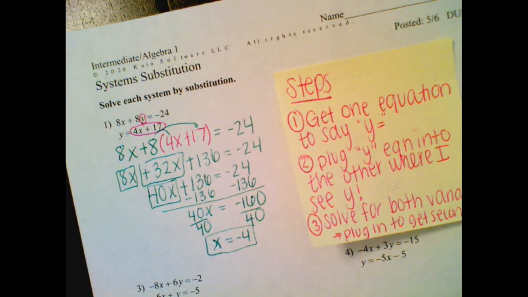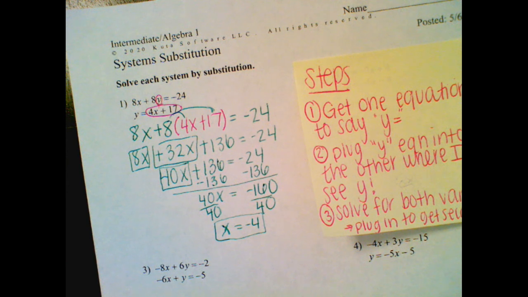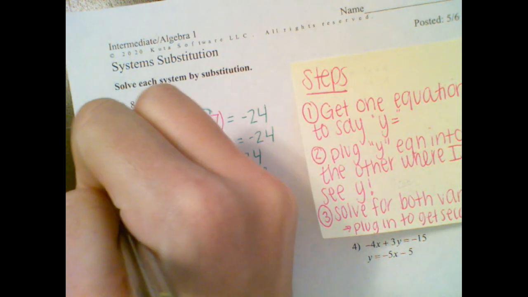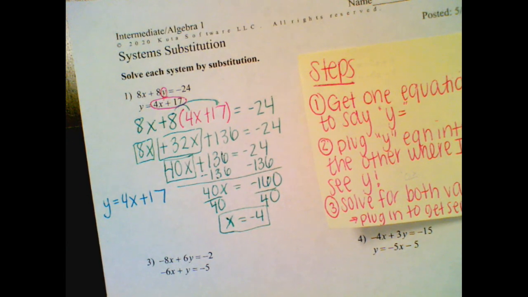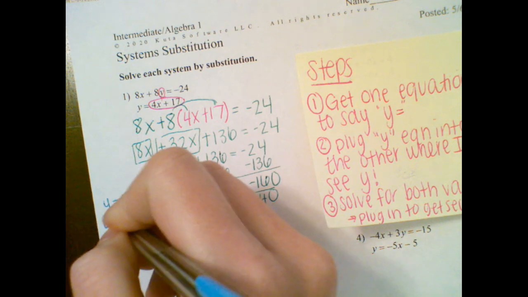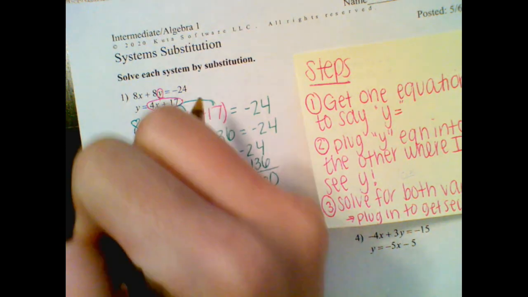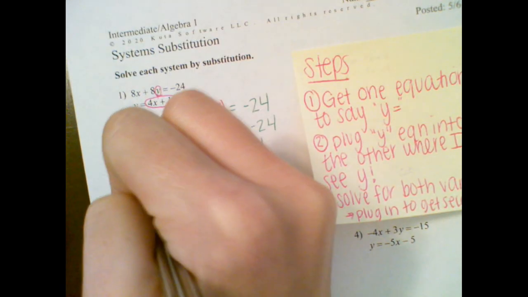So I'm going to take the second one. So I know that y equals 4x plus 17. And now I just found out that x is negative 4. So y equals 4 times negative 4, that's where you plug in, plus 17.